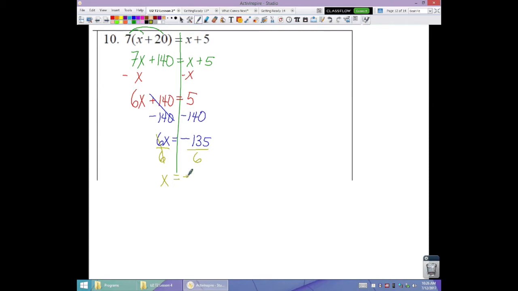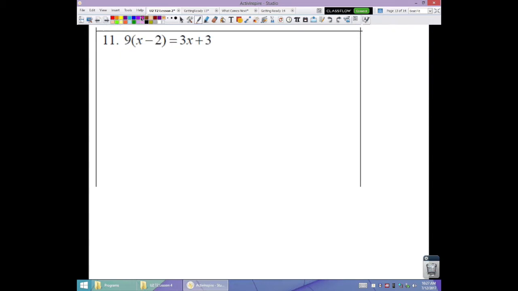So 3 goes into negative 135 45 times. Divide 6 by 3, it's 2. So either negative 45 over 2 or negative 22.5. Since that is a terminating decimal, you are welcome to use the decimal value.